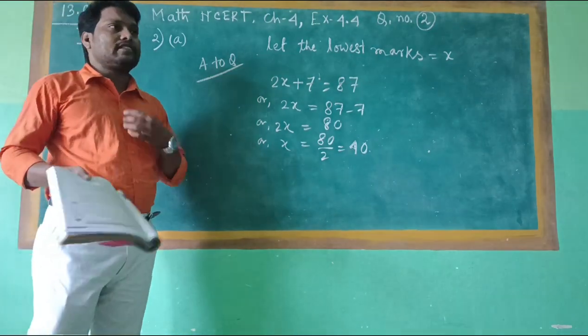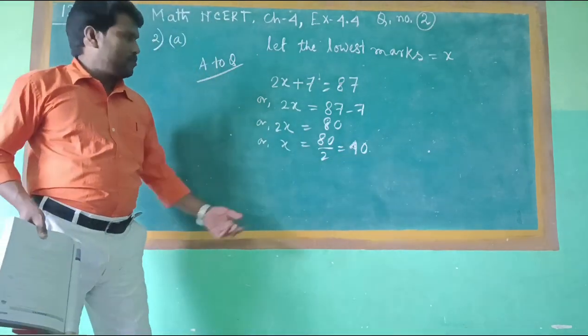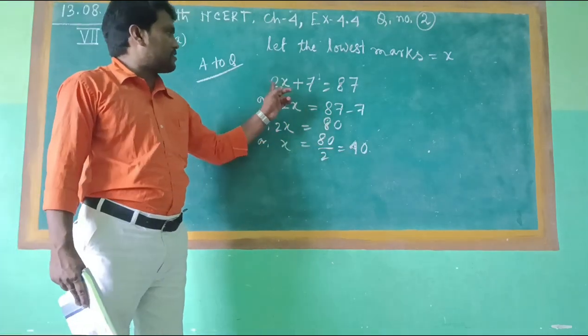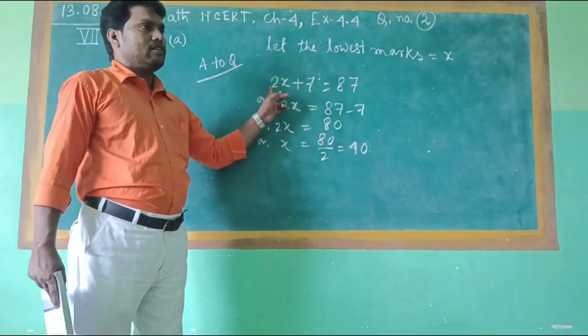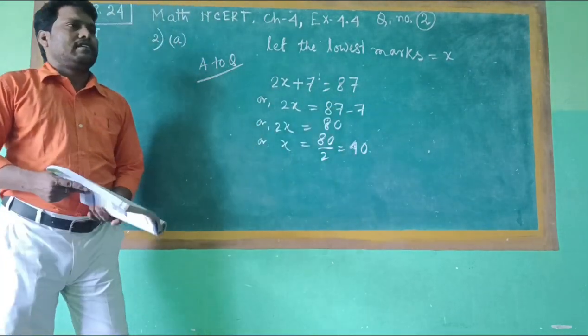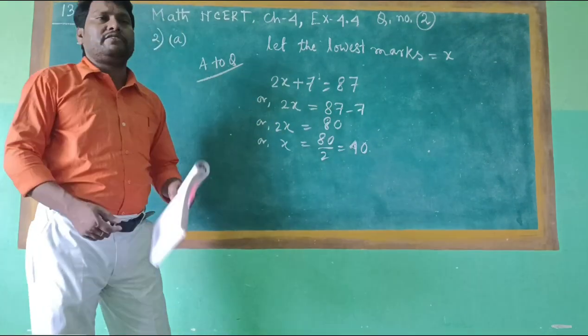Now how will you understand whether the value 40 you calculated is correct or incorrect? Put the value of x: 2 into 40, that means 80, plus 7, the left hand side equals the right hand side. What is the main objective of an equation?